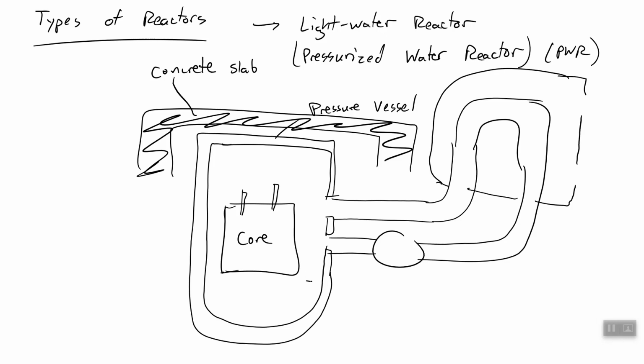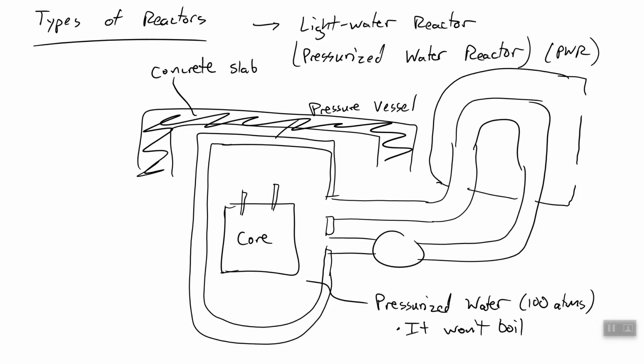Okay, and so in here we have pressurized water. And I mean very pressurized, like 100 atmospheres. We've pressurized the water to the point where it won't boil. It is so pressurized that it will remain as liquid water, even as we add extreme amounts of heat to it. And we're doing that so that we can increase the rate of heat transfer, right?